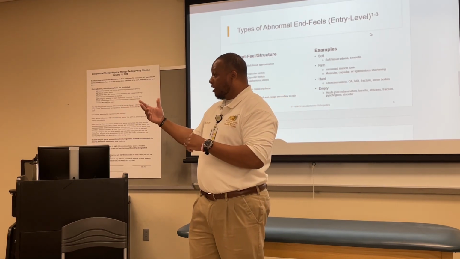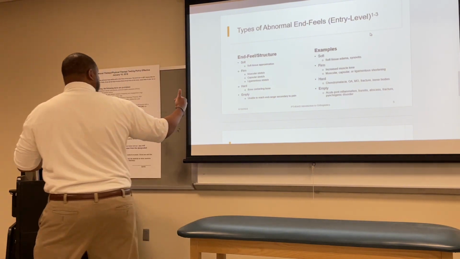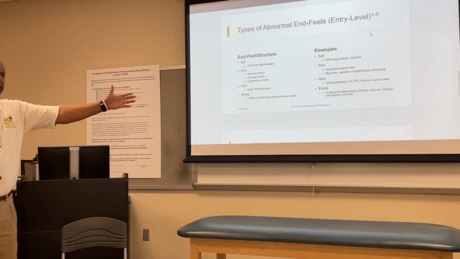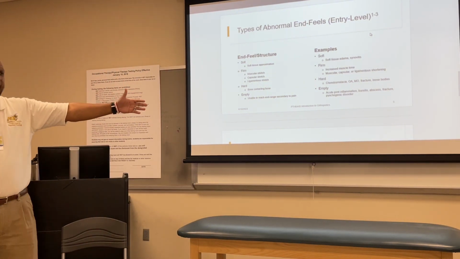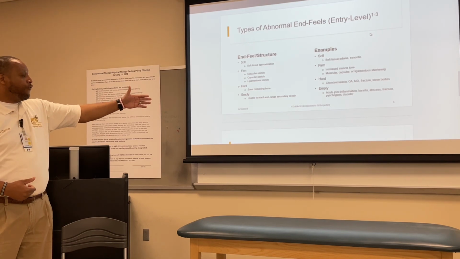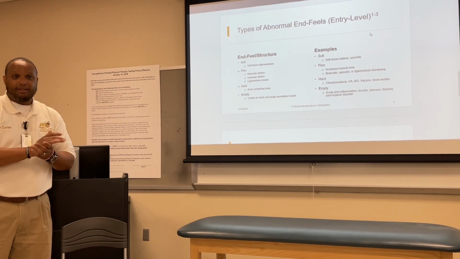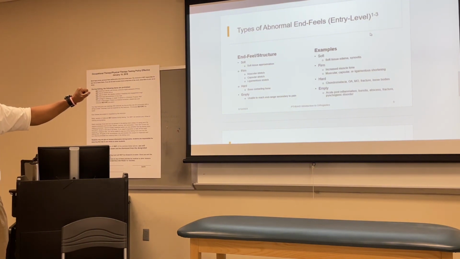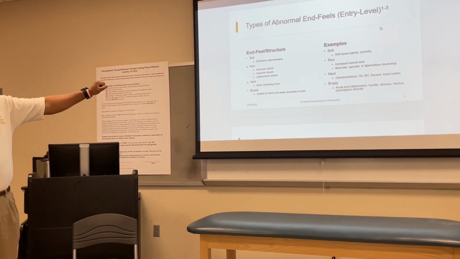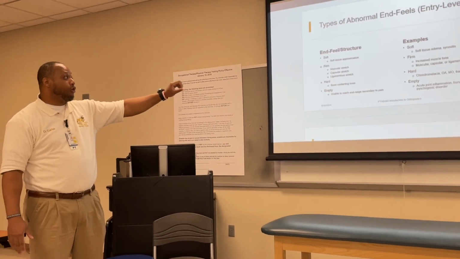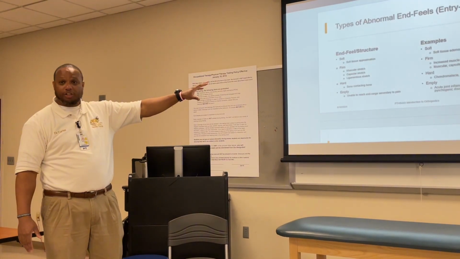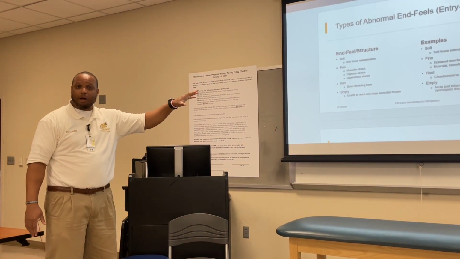So when you assess the component motion, we're assessing that capsular end-feel, right? So if you feel some type of tightness or you can't get to a certain grade, then most likely it could be an abnormal end-feel due to a capsular stretch, or capsular tautness.